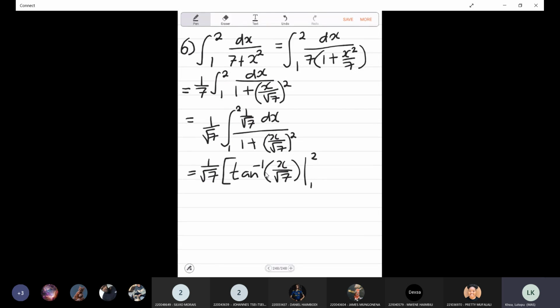So now we substitute our limits. This is 1 over the square root of 7, tan inverse of 2 over the square root of 7 minus tan inverse of 1 over the square root of 7.